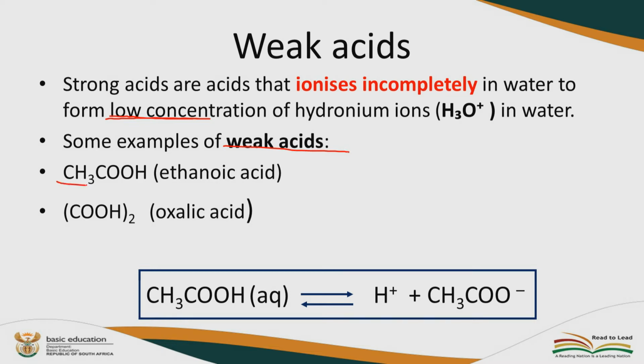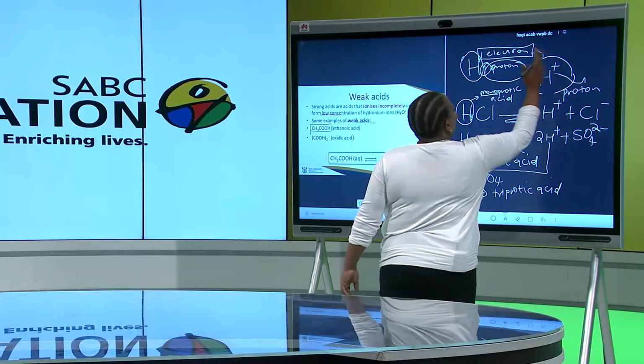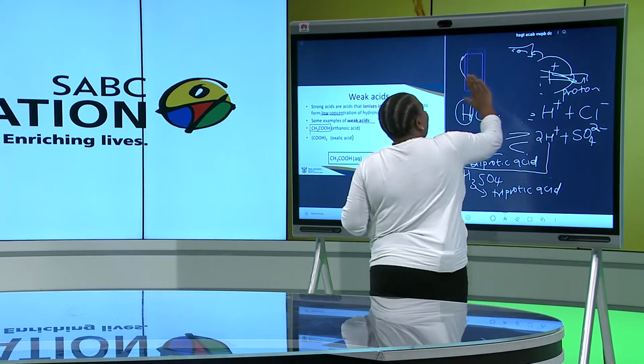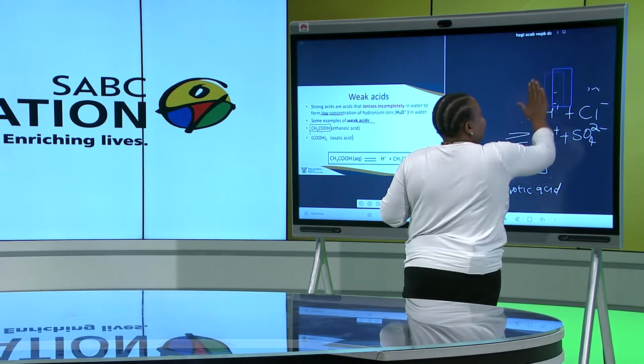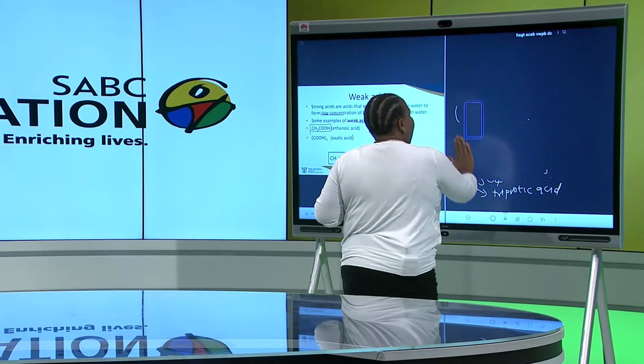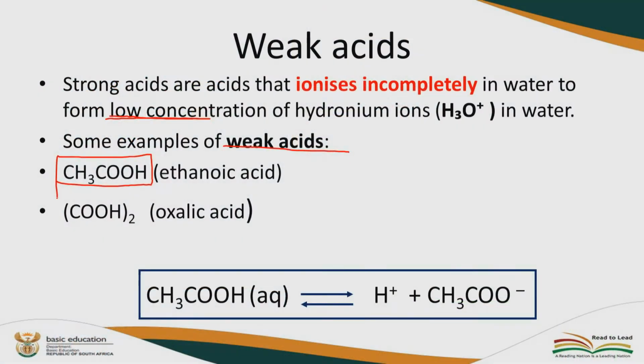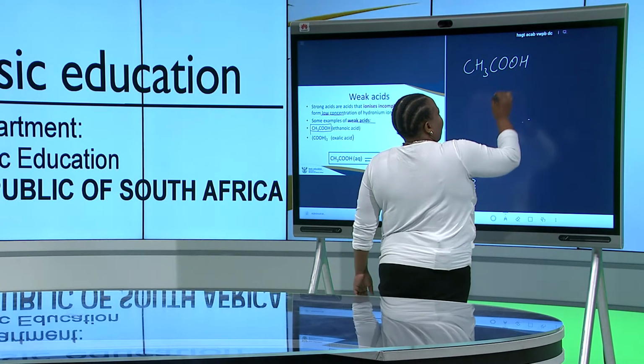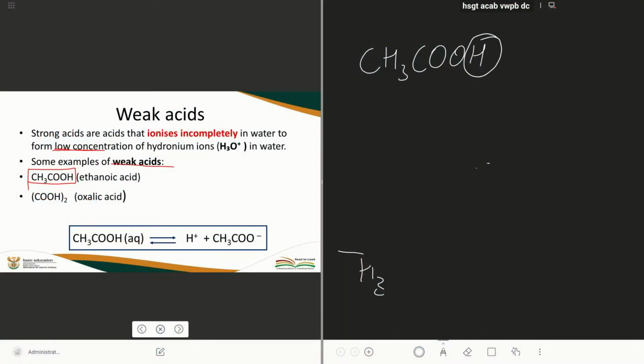Now, when you look at ethanoic acid, CH3COOH, one might be confused and ask: if this is ethanoic acid, how many protons can it donate? Because we were able to look at diprotic and monoprotic acids in terms of the strong acids. As we write it as CH3COOH, the only proton that will be donated from this compound is the last proton.